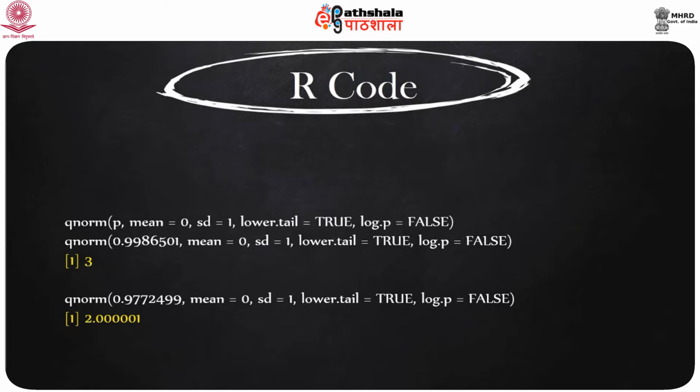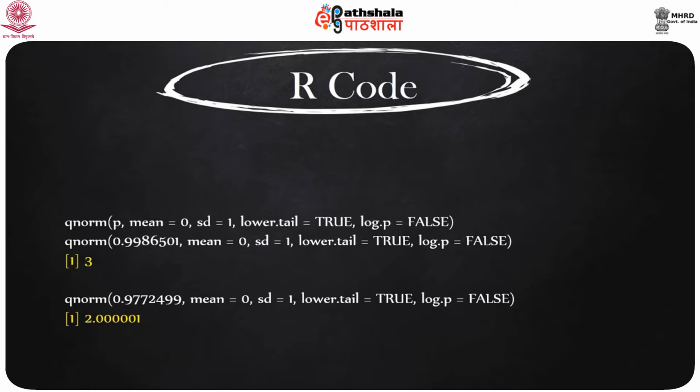The syntax here is qnorm, then within the first bracket p, then the mean and the standard deviation. Next, lower.tail is equal to true, which is the default one here, and then log.p is equal to false, which is again the default one. So as we can understand, this will give us the inverse of the distribution function of the standard normal distribution.